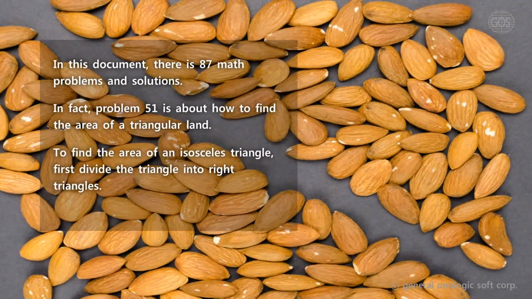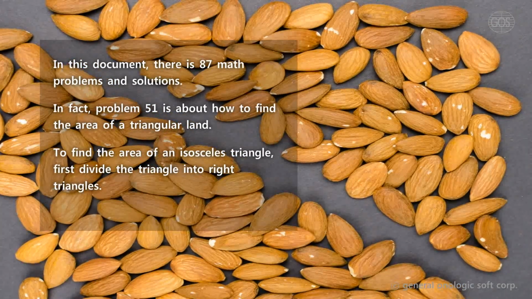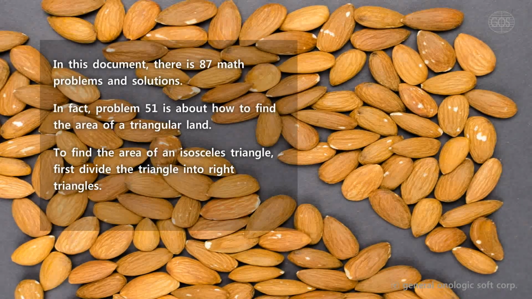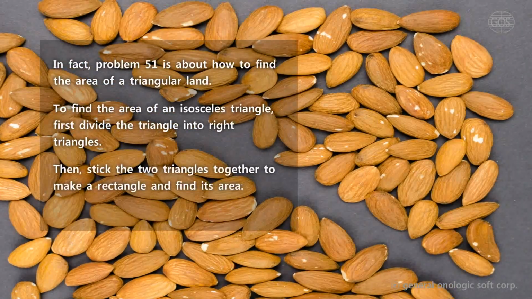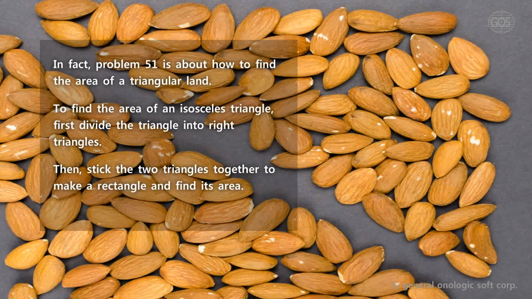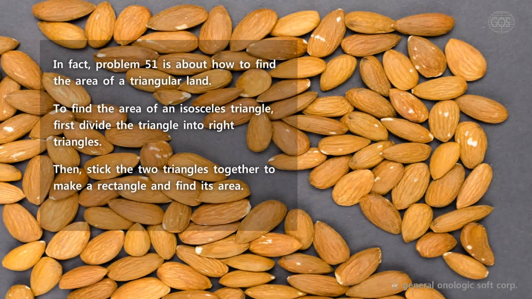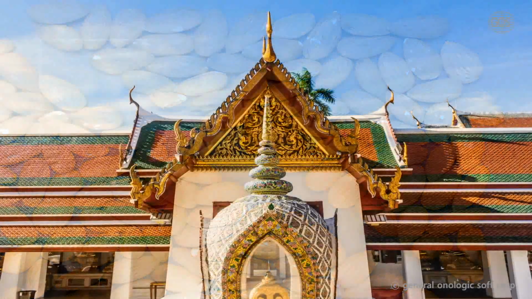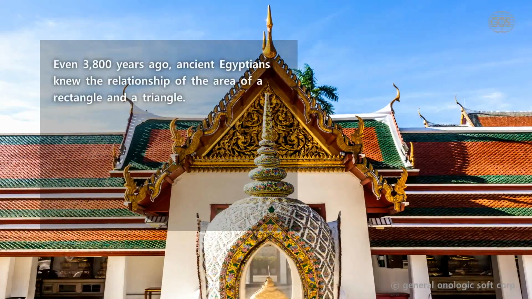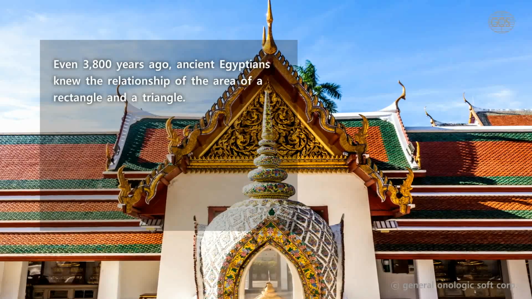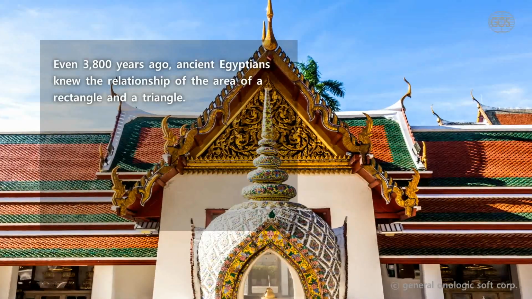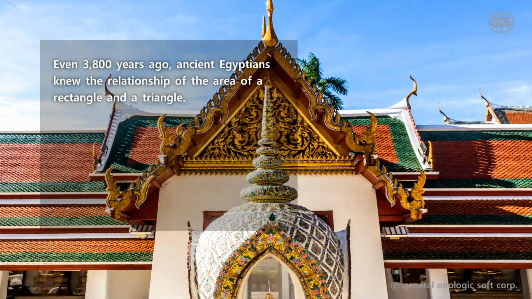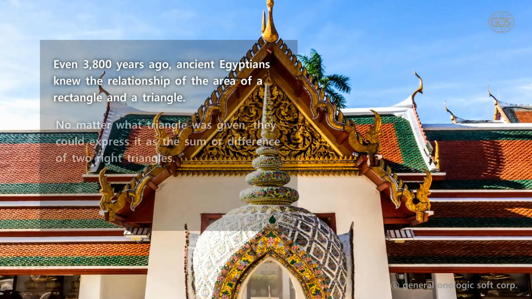To find the area of an isosceles triangle, first divide the triangle into right triangles. Then, stick the two triangles together to make a rectangle and find its area. Even 3,800 years ago, ancient Egyptians knew the relationship of the area of a rectangle and a triangle.